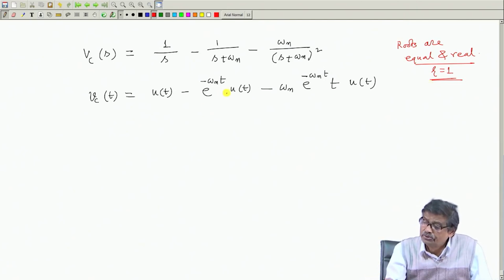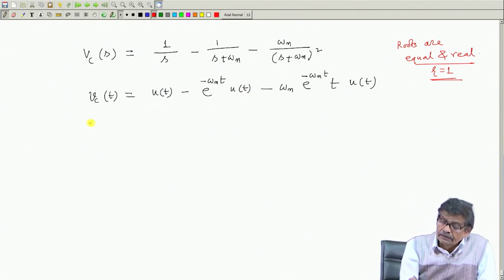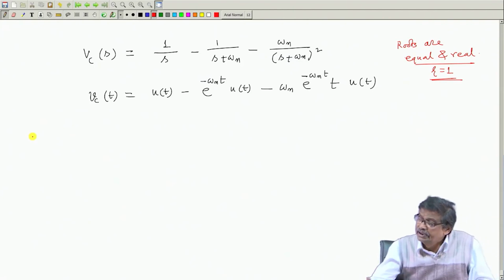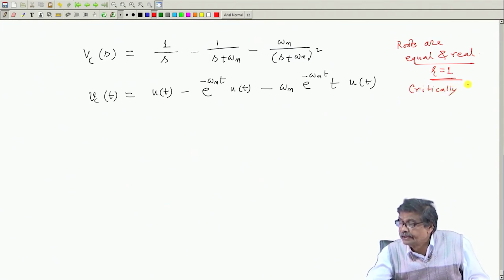Mind you, at t equal to 0, this term is 0, this is 0 capacitor voltage. Similarly, you can find out i of t by differentiating this expression, as simple as that. Now, case 3 is the last case. This one is called the critically damped system.